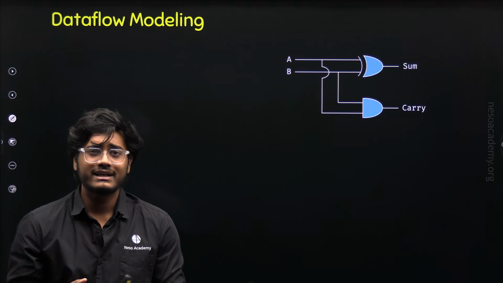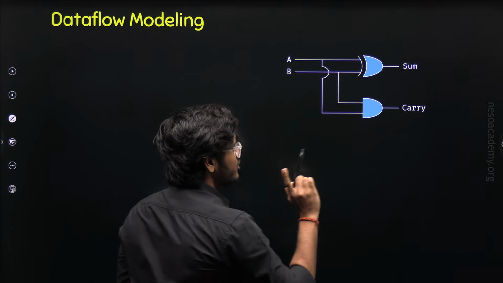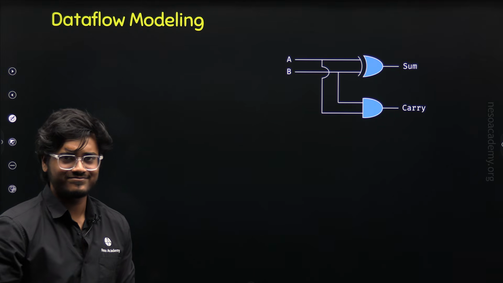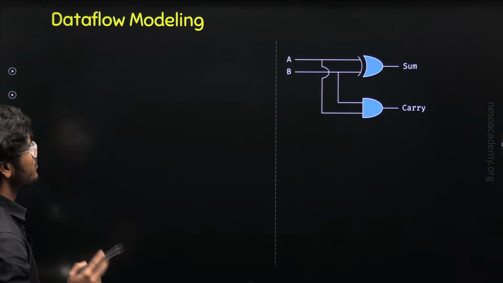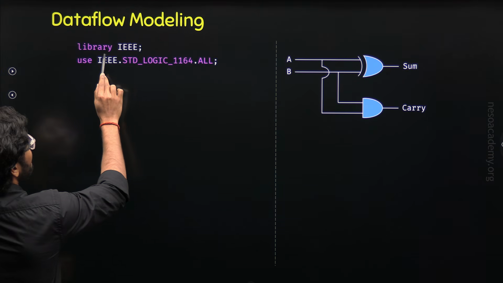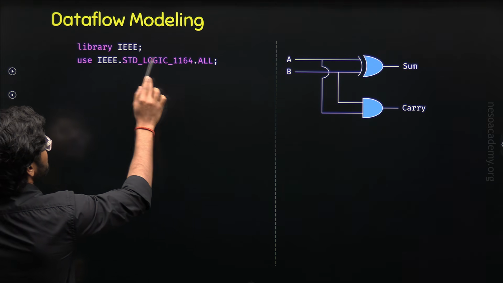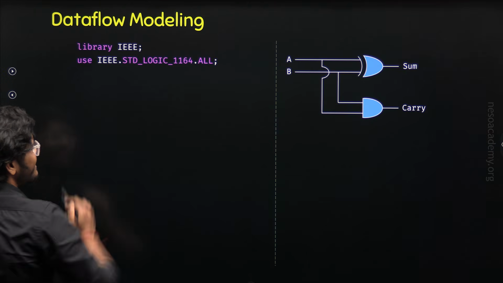Now, let us quickly see the VHDL code for this half adder using data flow modeling. The code starts with library declaration. Here we have library IEEE, then comes the standard logic package from this IEEE library.